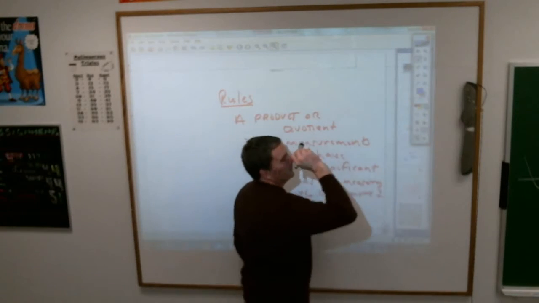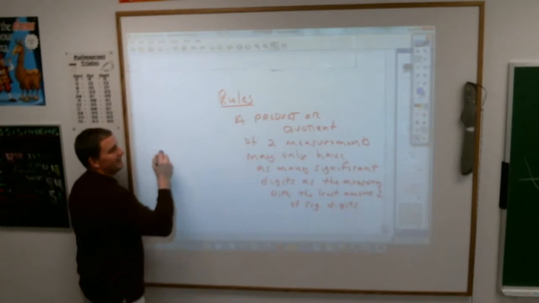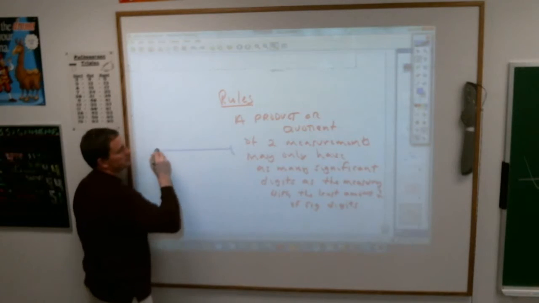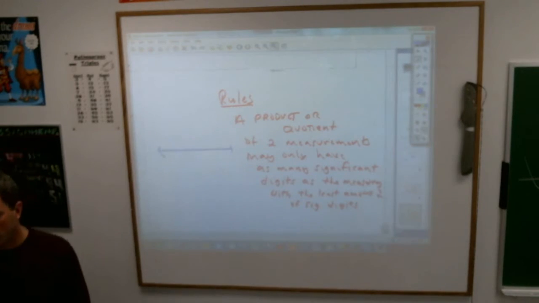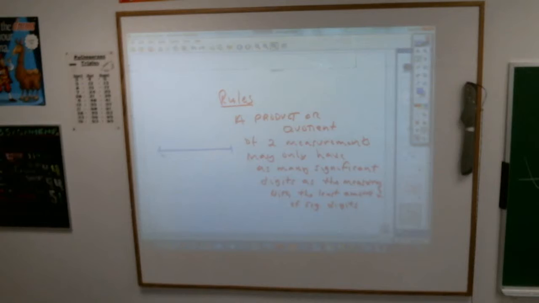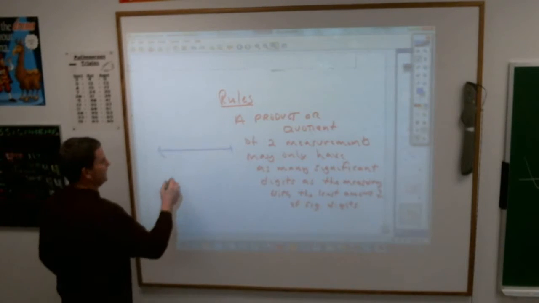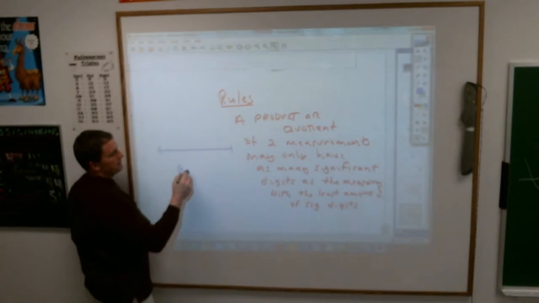Let's say here is a line that you measured, and it is 8.9 inches long, or 8.9 centimeters long.